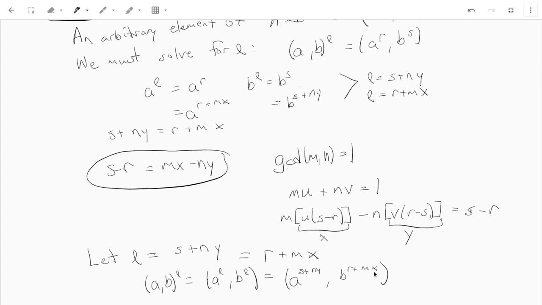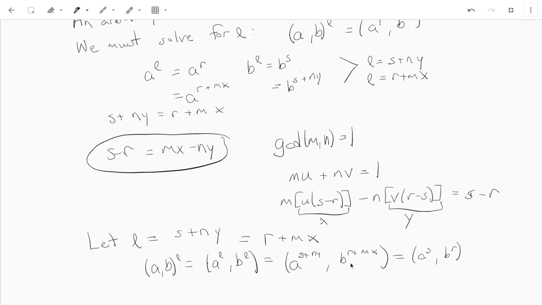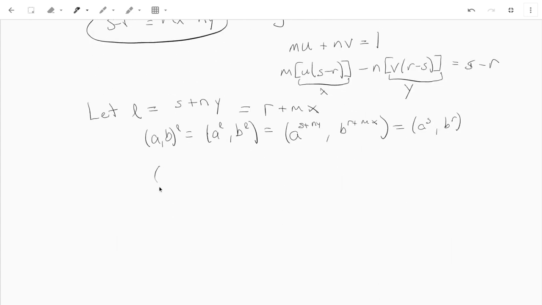But b to the MX is the identity, and a to the NY is the identity, since a to the N and b to the M are both the identity. So this is just a to the S, b to the R, which was my arbitrary element of A cross B. So now we conclude that (a, b) generates A cross B.